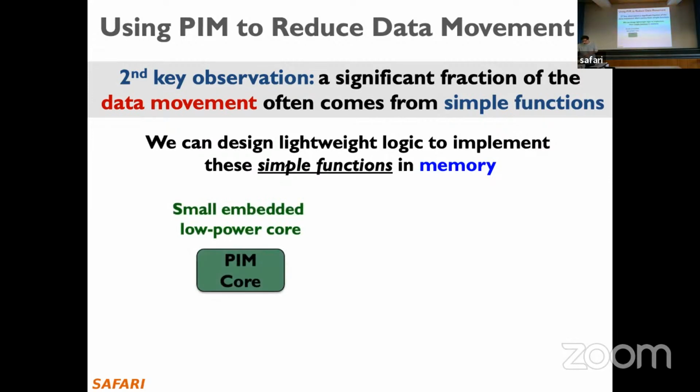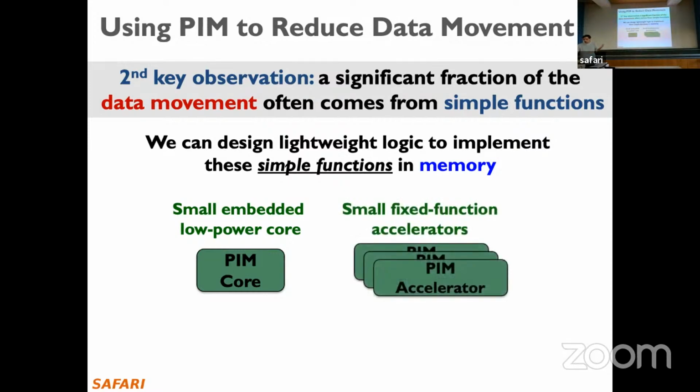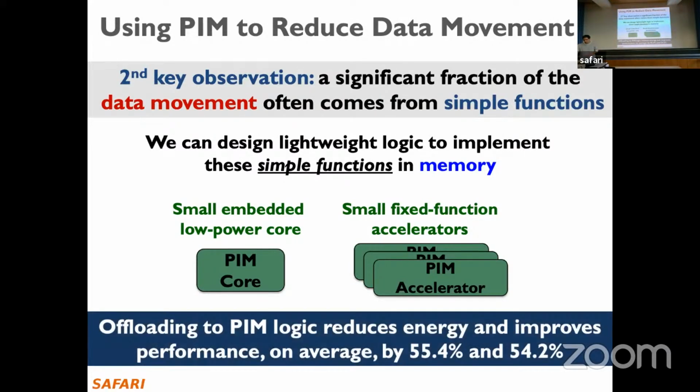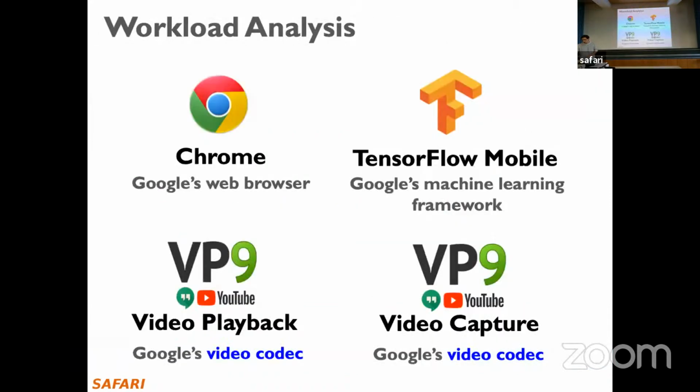This lightweight logic might be small embedded low-power cores that are more general purpose, or they could be small fixed-function accelerators, an accelerator that is designed for the VP9 codec, for example, not for something else, right? In this work, we have the analysis of both. Offloading to PIM reduces energy and improves performance, and we will see more detailed results next.